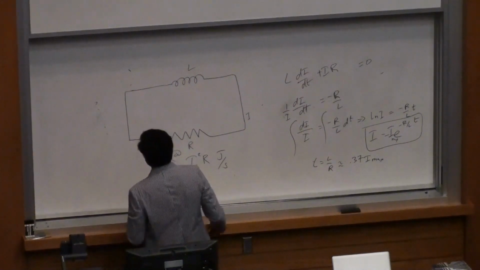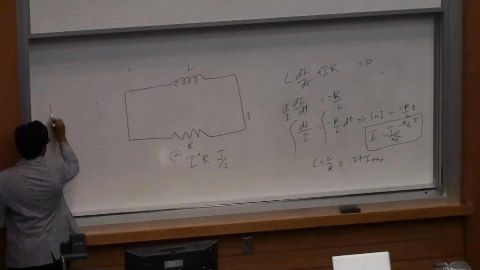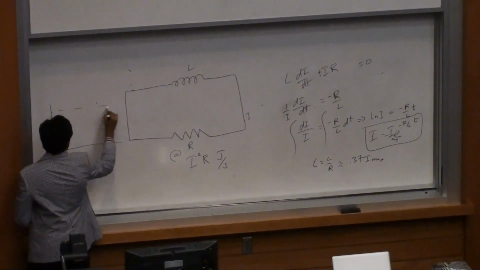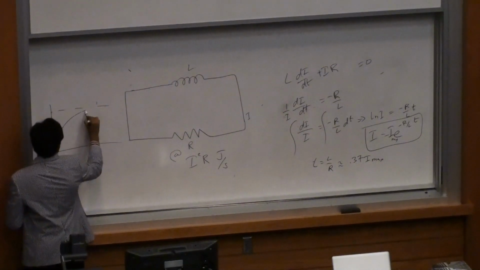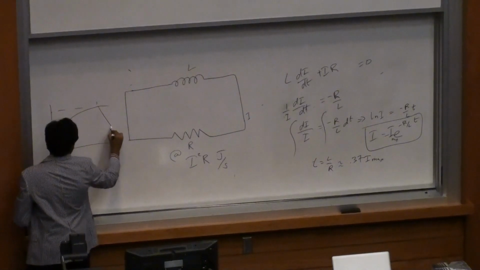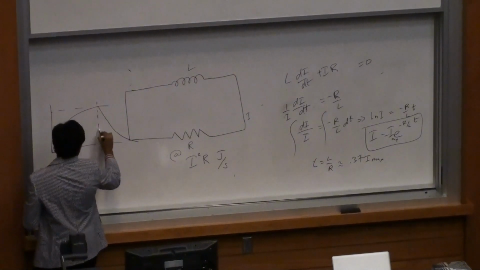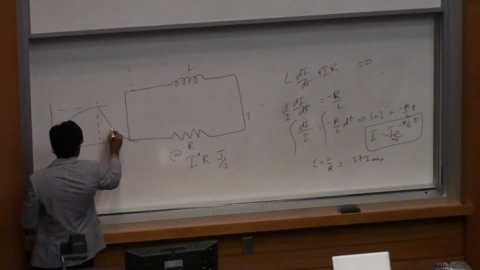I keep erasing the plots. So I have something like this, asymptotic, approaches that, goes down.